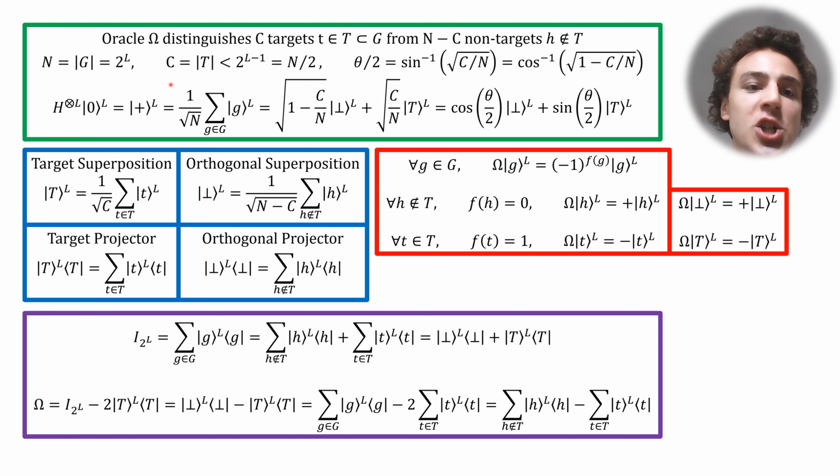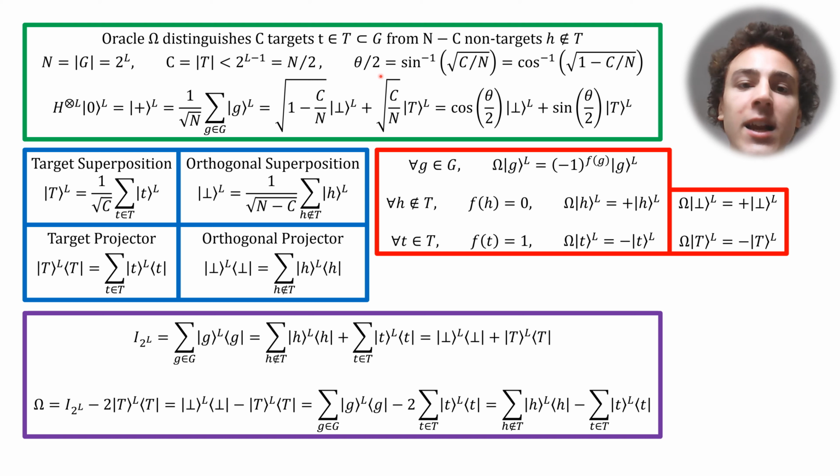Let's consider the ratio of C and N. We're going to use that ratio to define the angle theta. By convention, we're putting a factor of 1/2 in this definition. So 1/2 of the angle theta is defined as the inverse sine of the square root of this ratio.